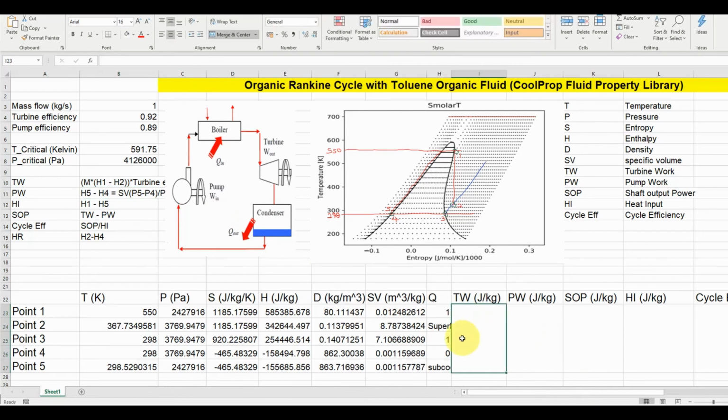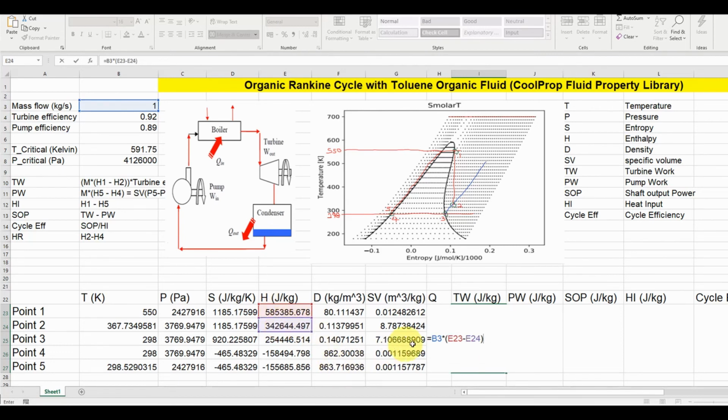So the turbine work here becomes, again here we can also include a mass flow. So this will be mass flow times, and here we can now include those parameters here. So this will be equals the mass flow, which is this, times H1, which is this, minus H2, which is this, times the turbine efficiency.